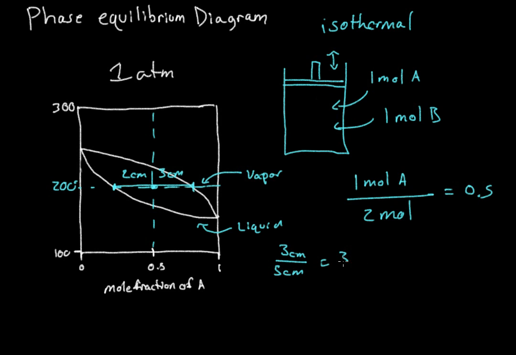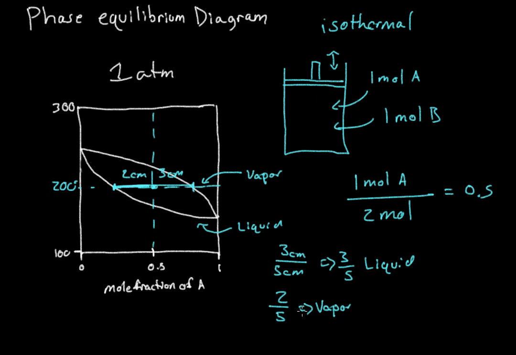So 3/5 of the system is actually liquid. And this distance right here is the vapor, so 2/5 is vapor.